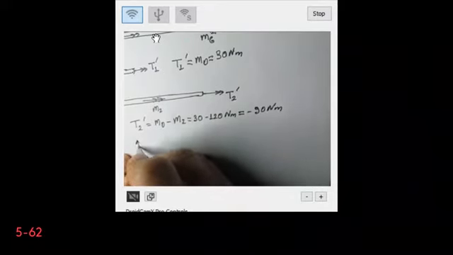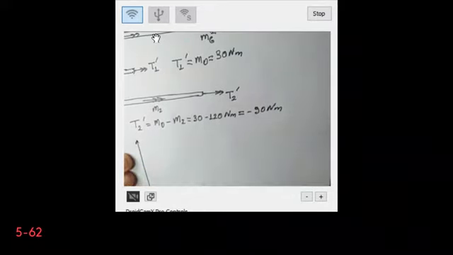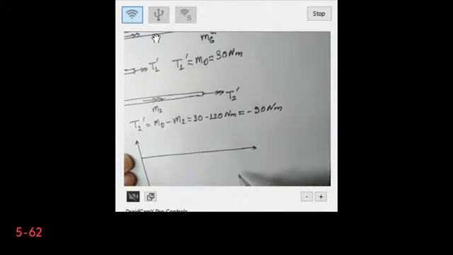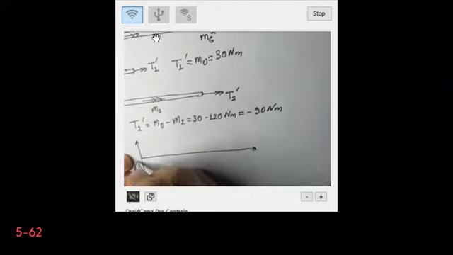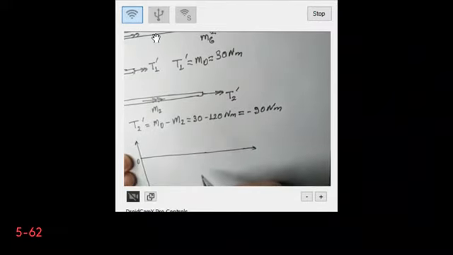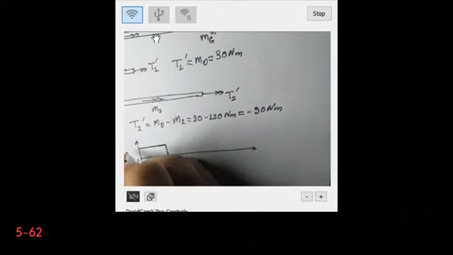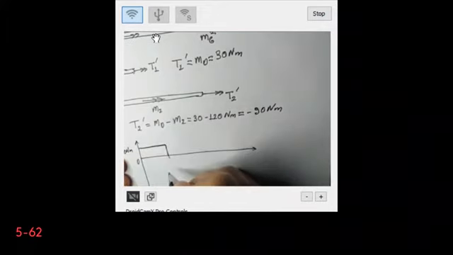Let's draw the torque distribution for the shaft. So first I will begin from D. So this is my point D. In fact, between D and the first torque I have a constant torque, which is 30 Newton meters.